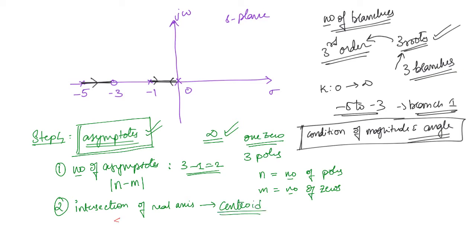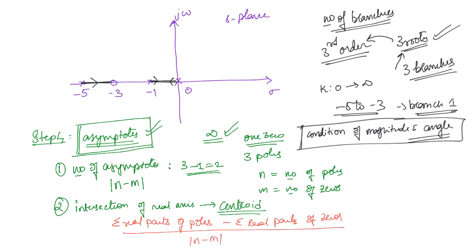You will get this as the sum of the real parts of poles minus the sum of the real parts of zeros, divided by n minus m. Why did we take real parts only here? The imaginary parts will anyway cancel, so we will only consider the real parts. You can also take this equation as the sum of poles minus sum of zeros by n minus m. It will not make any difference.